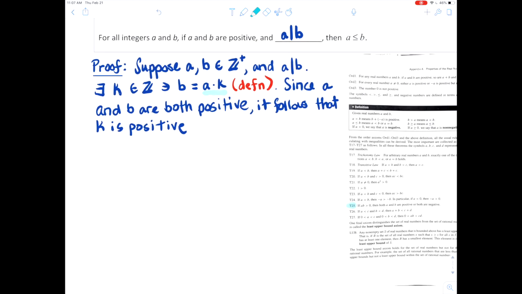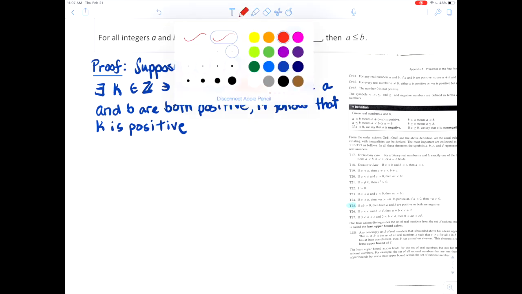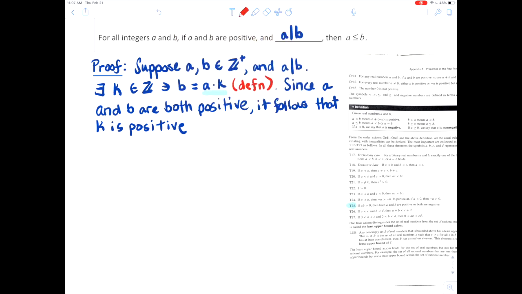So we'll write that proof by saying theorem 25.